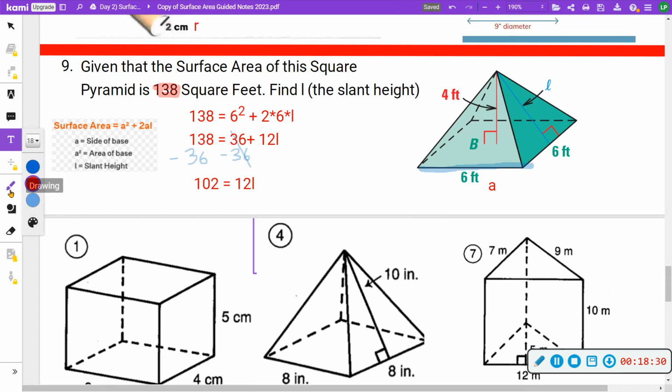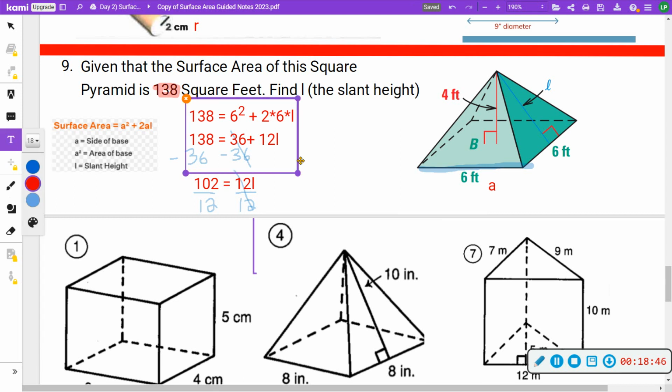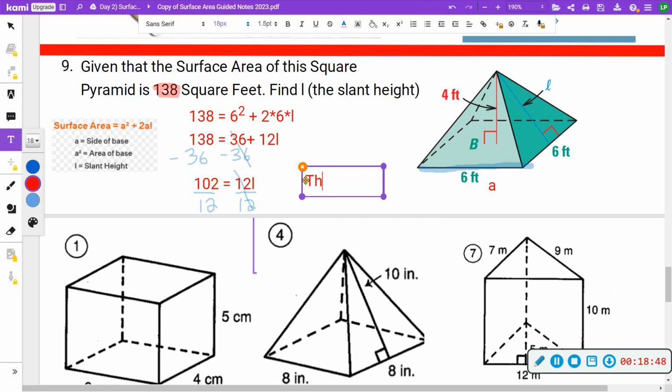And then to undo this, I would divide by 12. And so now I finally get my slant height. Whatever 102 divided by 12 is, that's 8.5. So I just found the slant height, the L is 8.5 feet.